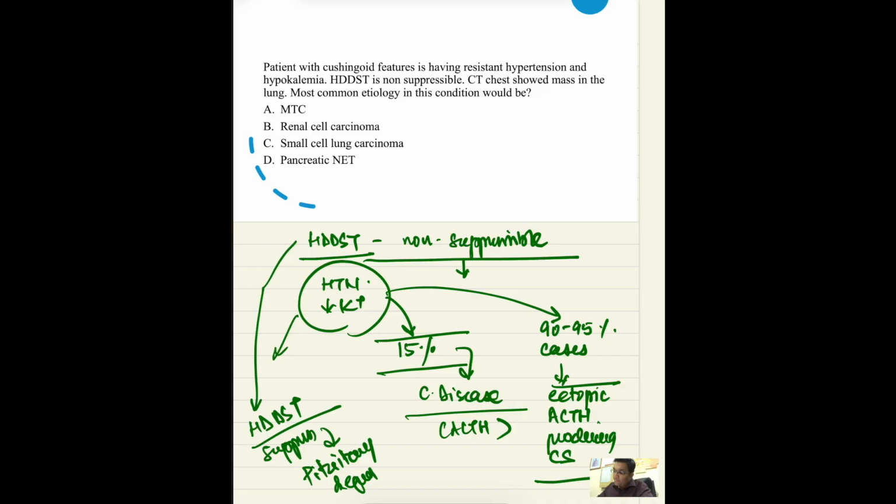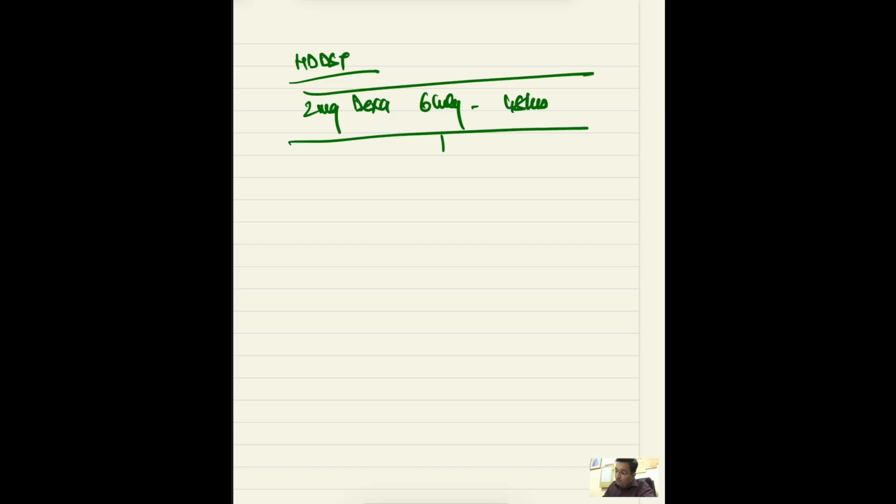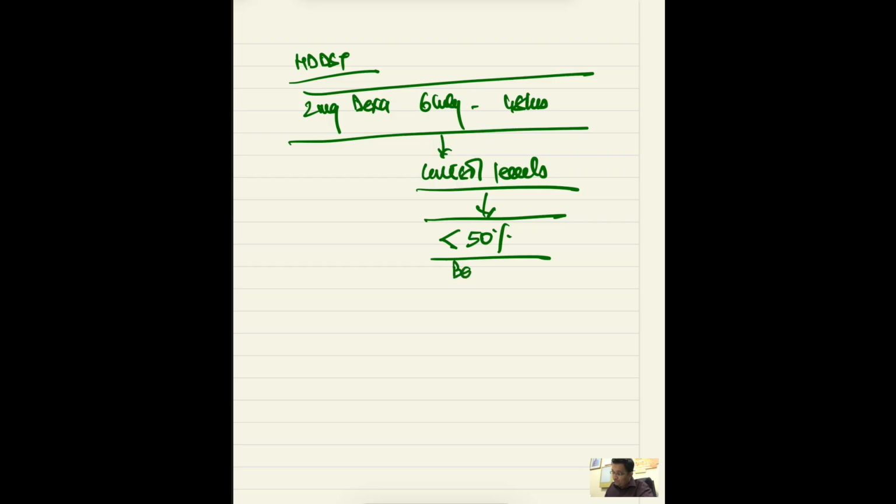Why? Because in the HDDST, what we are doing is giving 2 mg dexamethasone 6 hourly for 48 hours, and then we look at the cortisol levels and whether they are suppressed to less than 50% of the basal value.